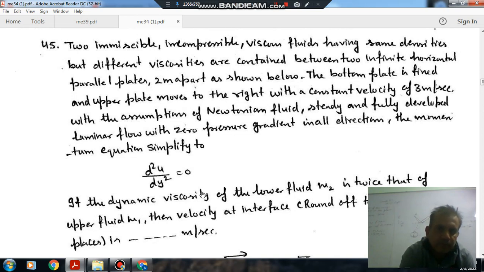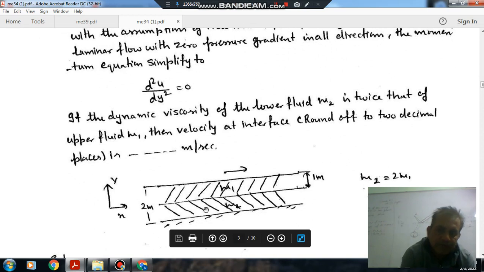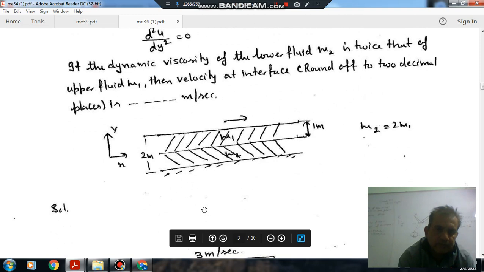With the assumption of Newtonian fluid, steady and fully developed laminar flow with zero pressure gradient in all the directions, the momentum equation reduces to d square u by dy square equal to 0. If the dynamic viscosity of lower fluid mu2 is twice that of upper fluid mu1, then the velocity at the interface, round off to 2 decimal places, is dash meter per second.